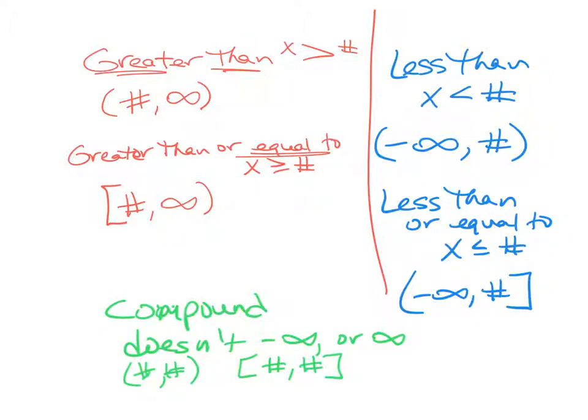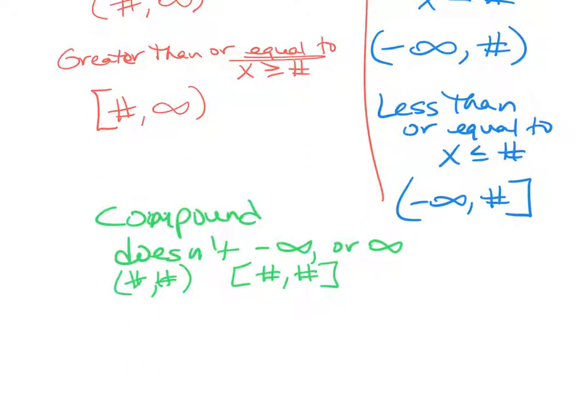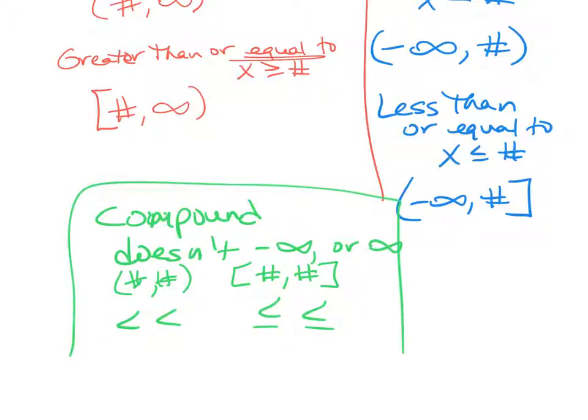It can even have a combination of a bracket and a parenthesis, depending on the symbol. So like this would have been like two less thans, or two less than or equal tos. You could also have one of each. Yes? What are you talking about when you say compound? I'm going to show you another example of that. That's where it had the three parts. And we just did one of those. But I'll do another one of those in a minute, and I'll clarify.